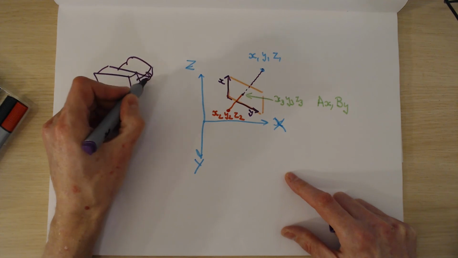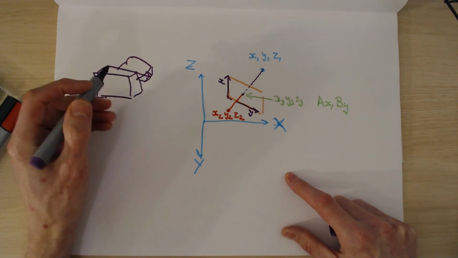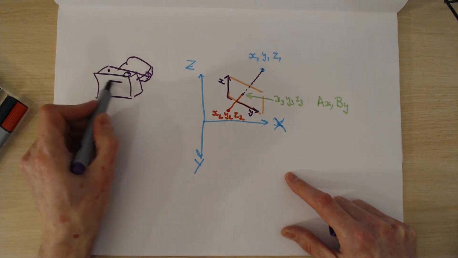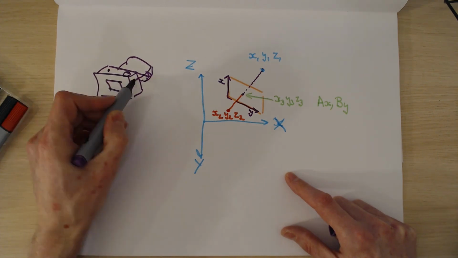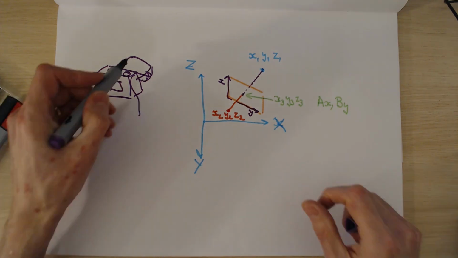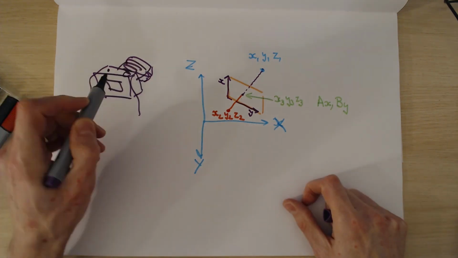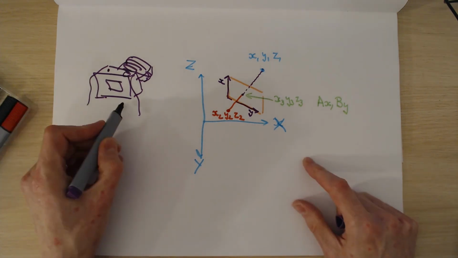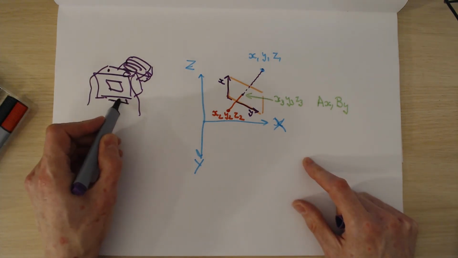It's not a very good camera. You've got a shutter button here, thing on the back, camera strap. We tend to keep our camera horizontal.